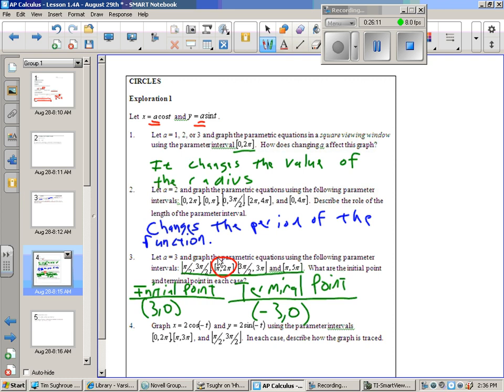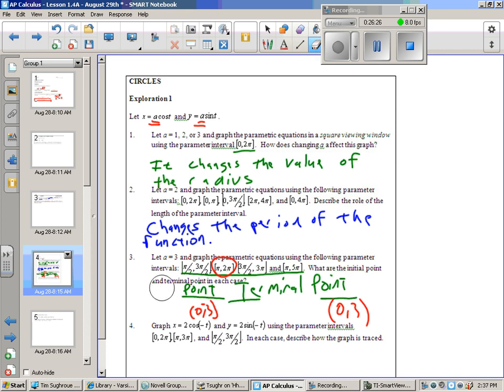The initial point is going to be (0, -3), and the terminal point is going to be (0, 3), for the red one. Let's kind of do each one. So it's changing where it starts and where it ends.